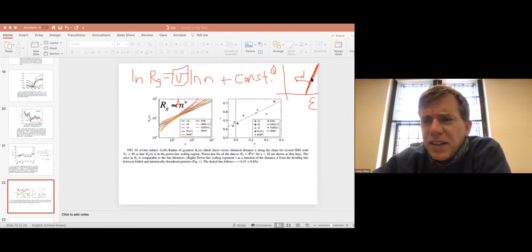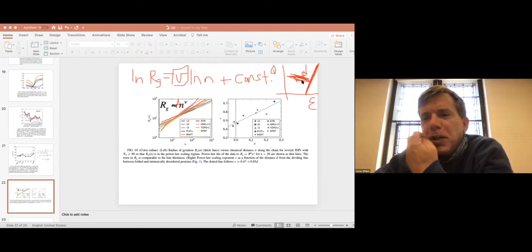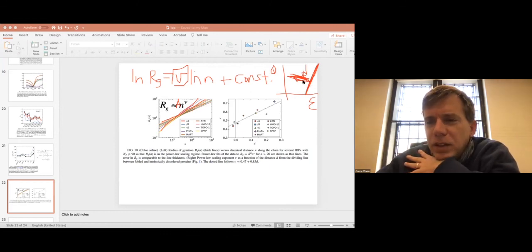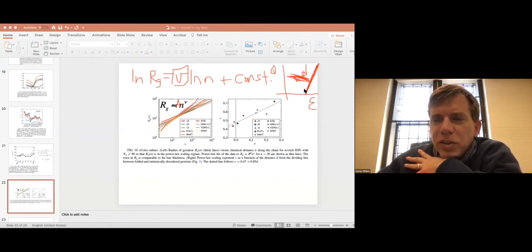So the idea is that it's the perpendicular distance. I haven't drawn it very well, but it's perpendicular. So as you move to the left and up perpendicular to this line, you should be becoming more and more intrinsically disordered.